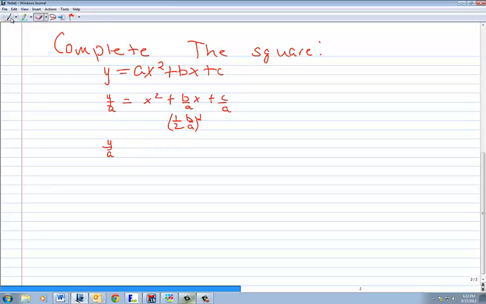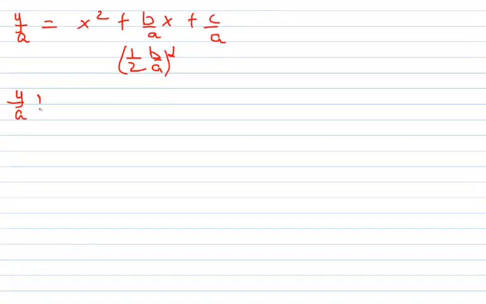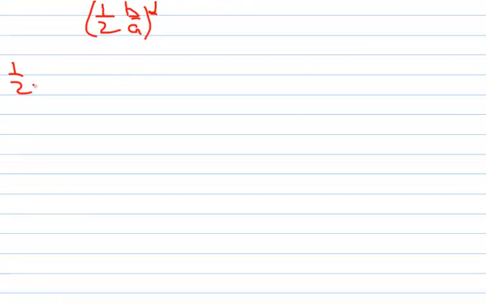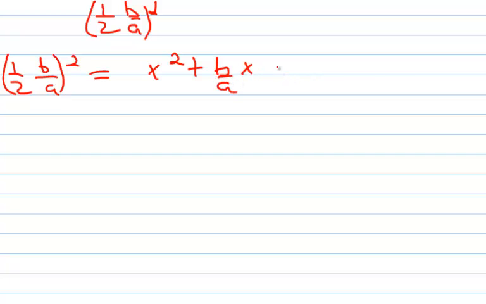The left-hand side would be y over a plus 1/2 b over a, quantity squared. That should equal x squared plus b over a x plus 1/2 b over a squared plus c over a.